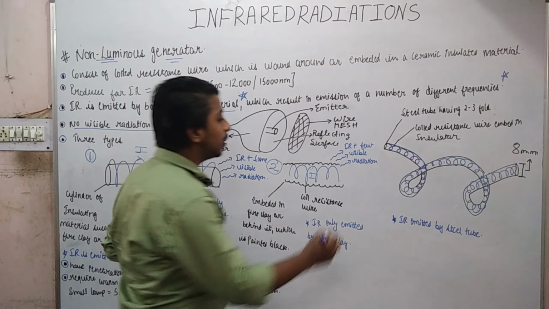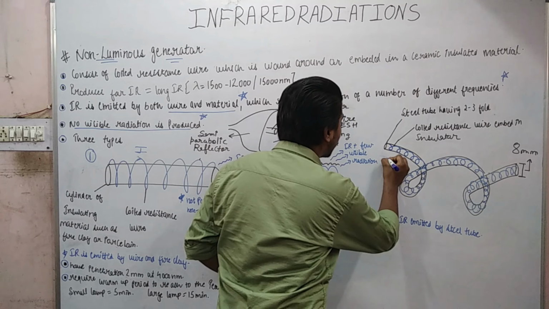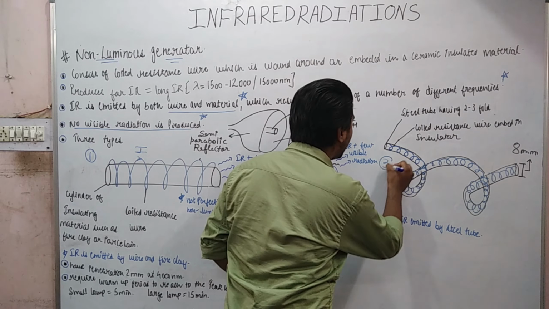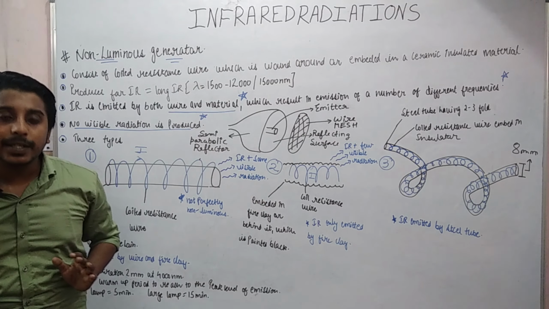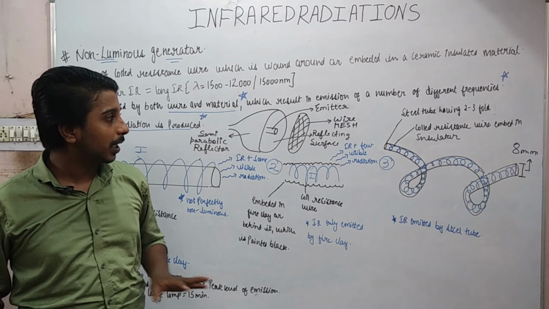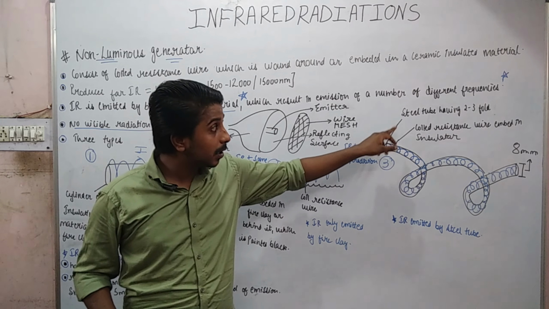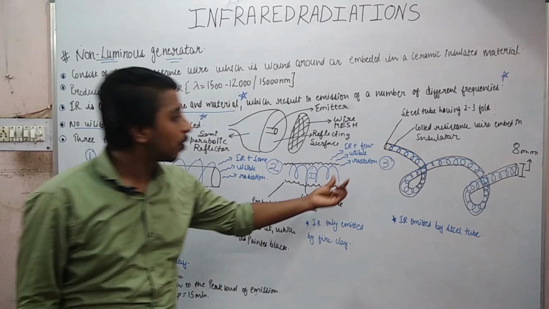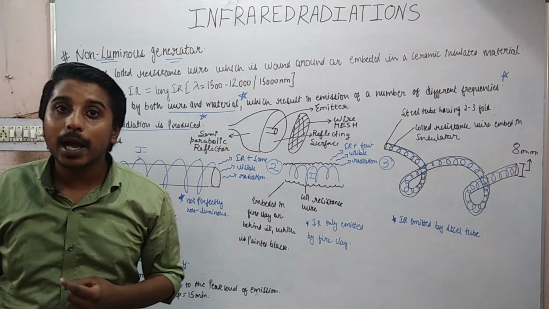Now we are moving to the third type. Again, this is very simple. This black tube which you are watching is a steel tube having 2 to 3 turns. I have drawn 2 turns for you.